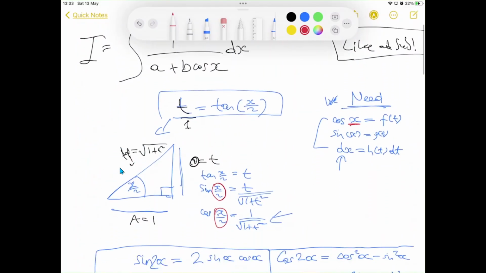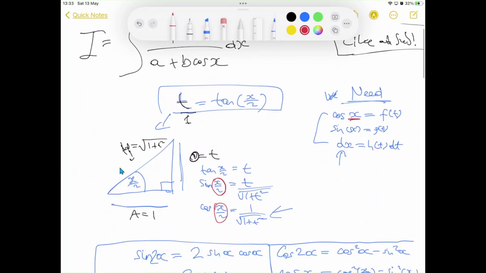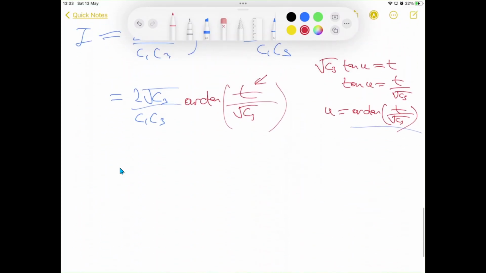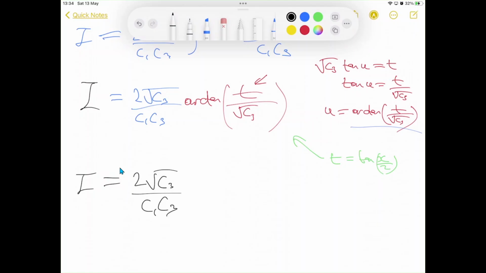Remember that here, t is equal to, let me just write it nicely, t is equal to tan of x over 2. So I'll just use green. T is equal to tan of x over 2. So what can we do? We can rewrite the answer to the integral in terms of x instead of in terms of t.